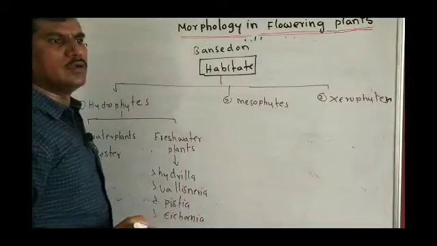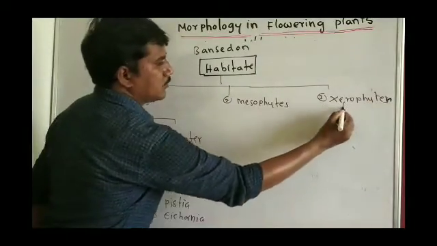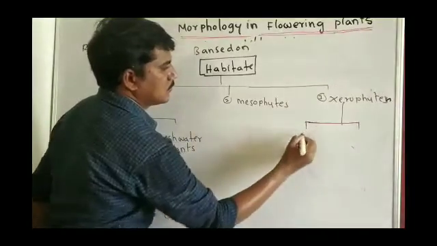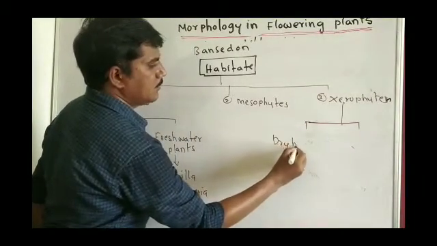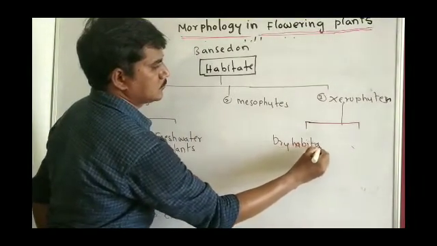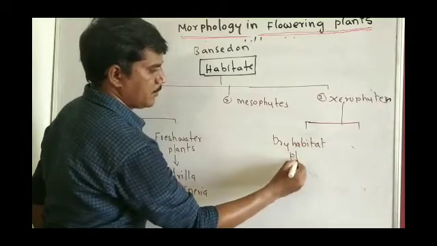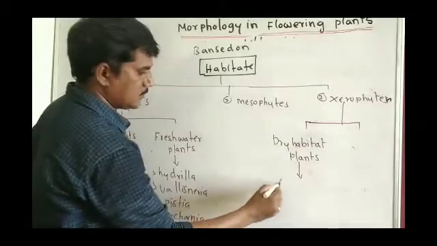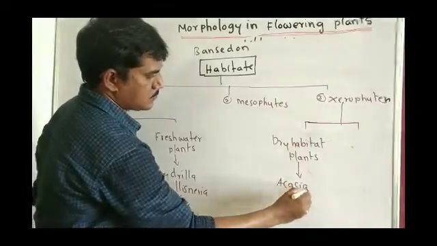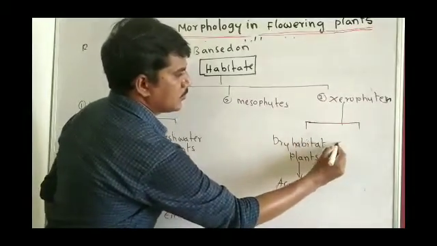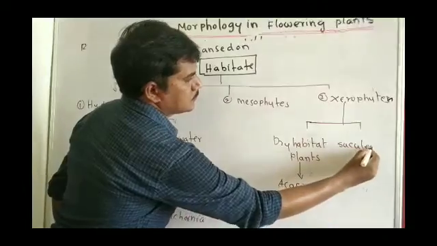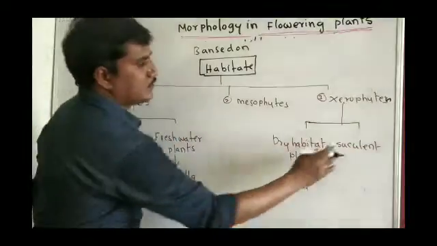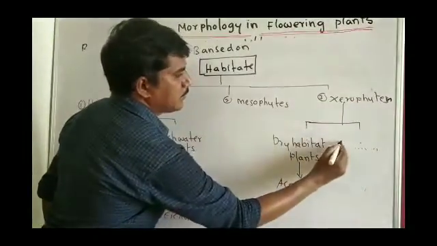Xerophytes means those plants growing in desert regions. So these are again two types. Dry habitat plants. Example, acacia. Next, succulent plants. When coming to the succulent plants, very important.